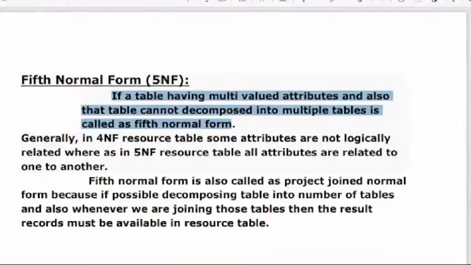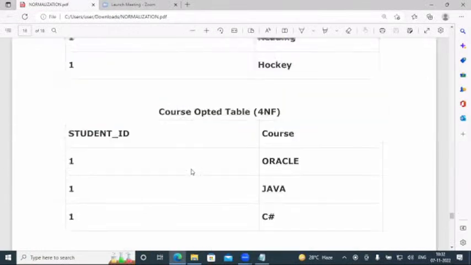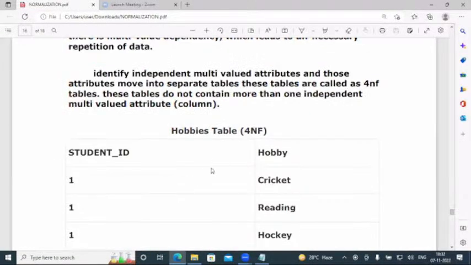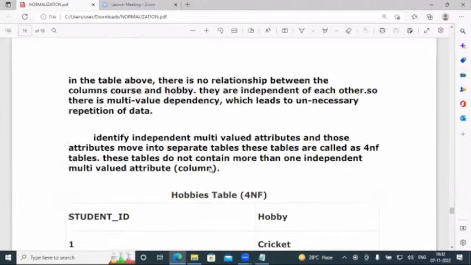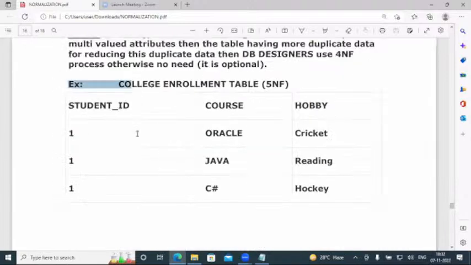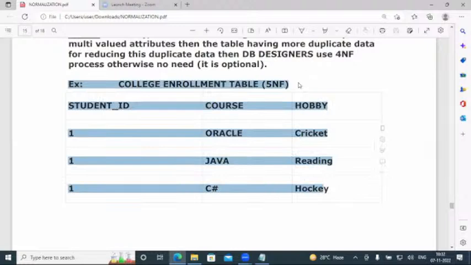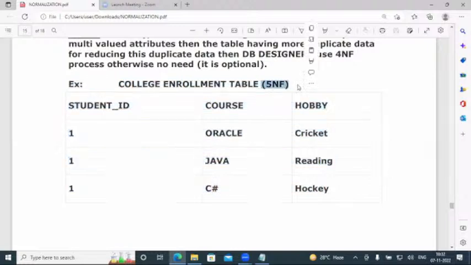So that means, observe: if you're separating, it is fourth normal form. If you're not separating and keeping as it is, this is called what? Fifth normal form. Got it now? When you separate, fourth; not separate, fifth. So what is the choice for the programmer, user or designer?